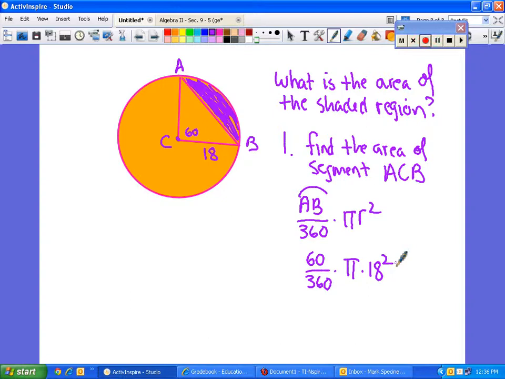The question says round your answer to the nearest tenth, but at this part we don't want to do anything with pi yet. You plug this into your calculator, and you get 54 pi. Okay, we're not done yet.